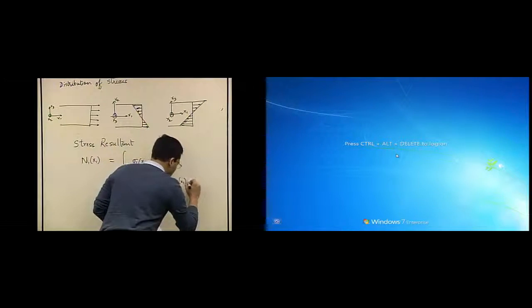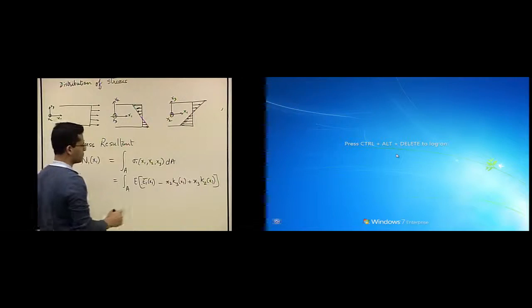So I can substitute the value for the stresses. So I just substitute the value of stresses in this expression.